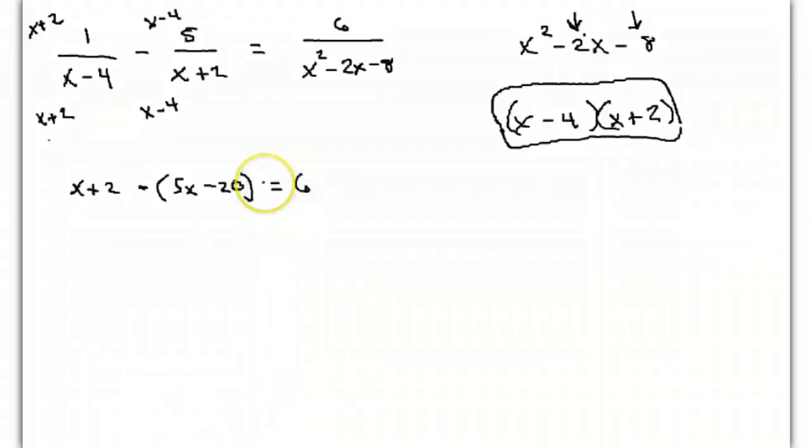So it's a still easier problem because once the denominator is gone, that's all you need. So you got to take care of this negative. This is like a negative 1 times all of that. So you still got x plus 2, but what does that part turn into? When you multiply negative 1 times 5x, that gives you a negative 5x plus 20.